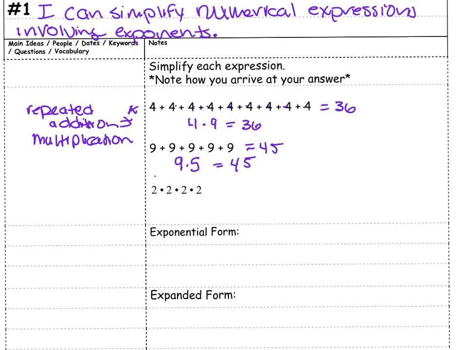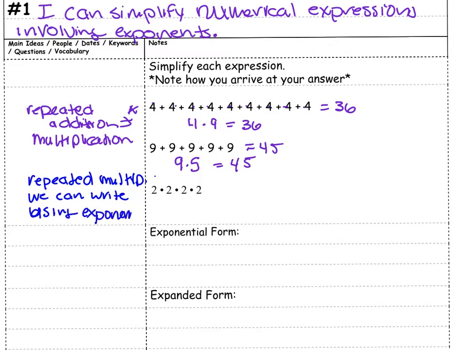So similarly, if you have repeated multiplication, we can write it using exponents. So 2 times 2 times 2 times 2, we could do 2 times 2 is 4 times 2 is 8 times 2 is 16. Or we can say 2 to the 4th.